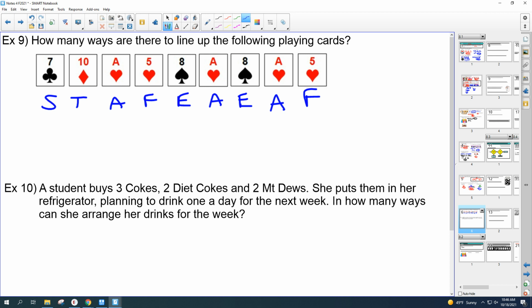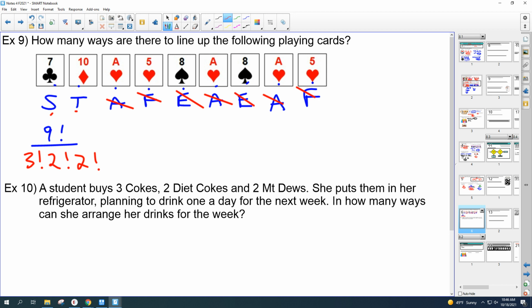If they were all different, you've got 1, 2, 3, 4, 5, 6, 7, 8, 9. If they were all different, you'd have 9 factorial. But the fact that there are some repeats, you've got 3 aces that are identical and indistinguishable, and you've got a couple of 8s that are indistinguishable, and you've got a couple of 5s that are indistinguishable. The other 2 are just going to be 1s, so I don't need to do that.